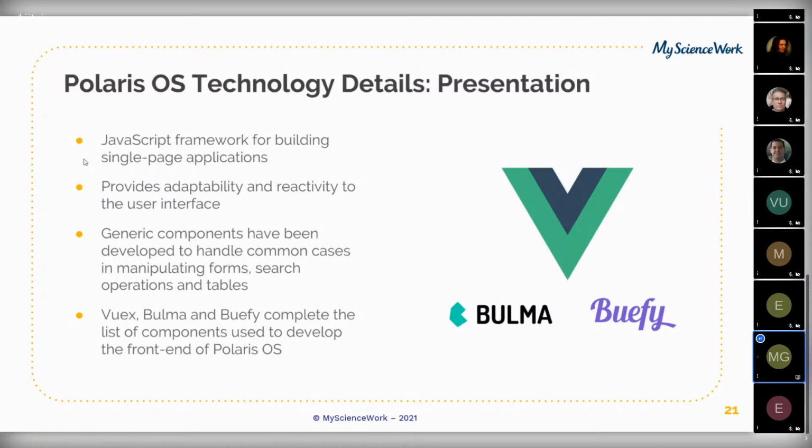At some point, a lot of people in the community understood that if you used React, anything you would do with React to develop your solution could be claimed by Facebook as their property. It wasn't clear at all. They retracted from that, and it's not the case anymore today. But that made MyScienceWork change their decision and go to Vue.js, because we were just in the middle of the development, and no one was willing to take that risk. So that's why we decided to use Vue.js over React.